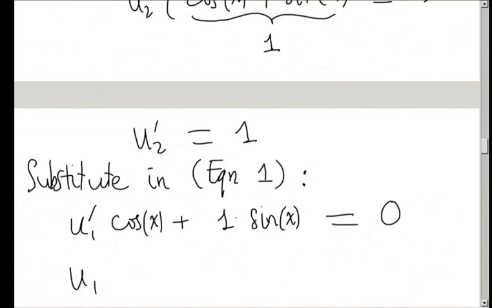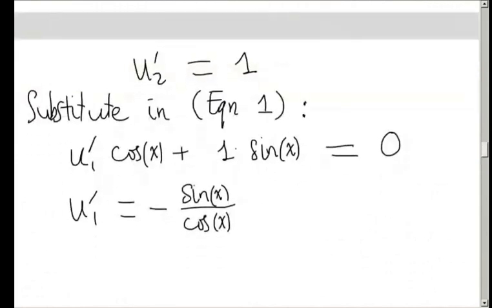So we solve for u1 prime, which is minus sin x over cosine x, which is minus tangent of x.